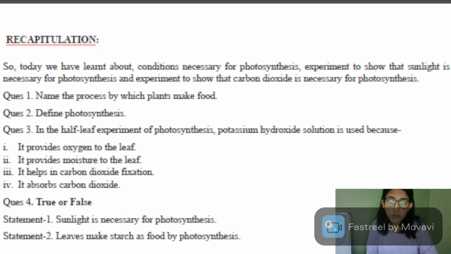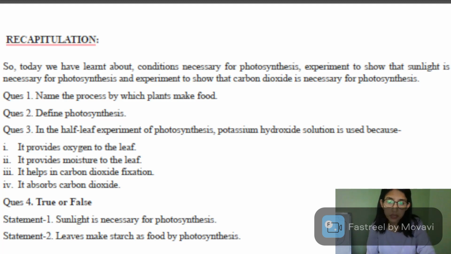Other than that, we have discussed how the process of photosynthesis happens, and what are the major necessary factors which are responsible for it. And then we also discussed the experiments which prove how the different factors are necessary for photosynthesis. First, the experiment where the leaf was kept under aluminium foil.